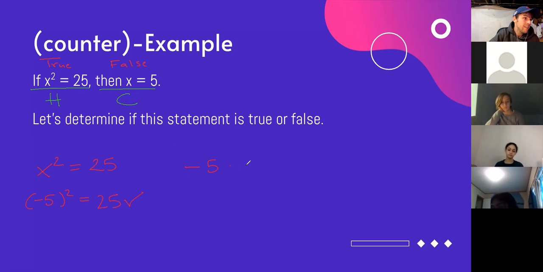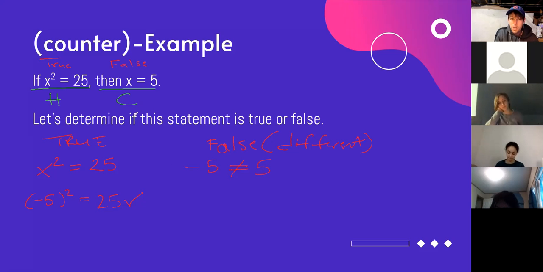So negative 5 is not equal to 5. So it has a true hypothesis and a false conclusion, or at least a conclusion that is different than the one here in the conditional statement, right?